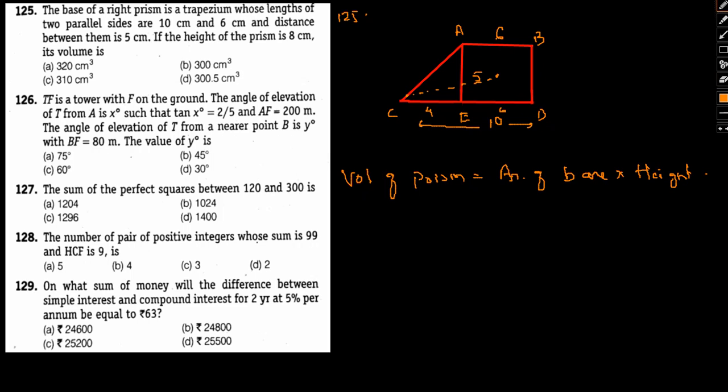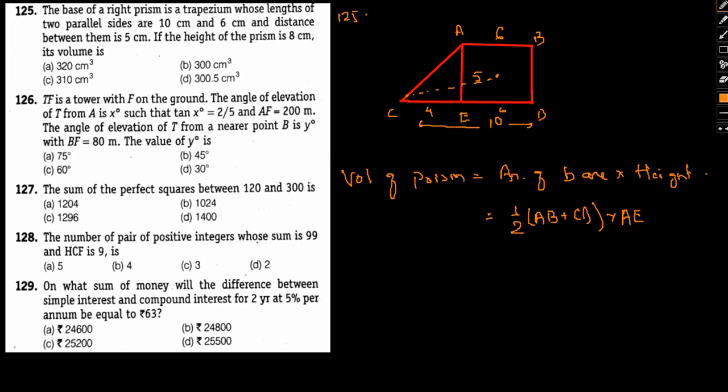So the area of the base would be simply half into AB plus CD, that is both the parallel sides, into the altitude, that is AE or 5, multiplied by the height.